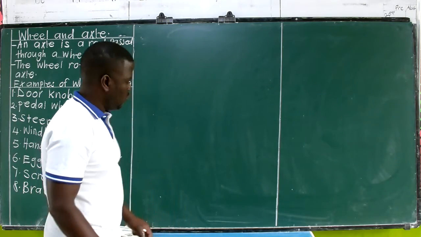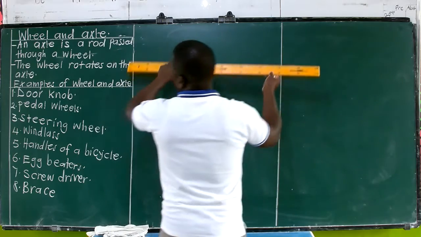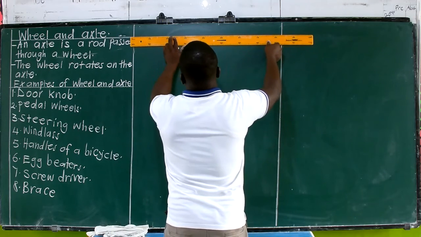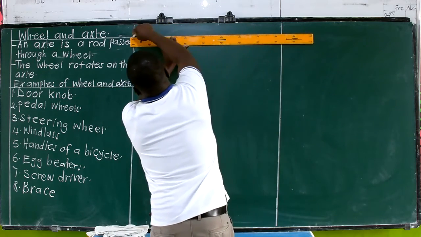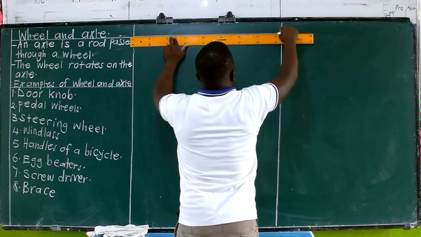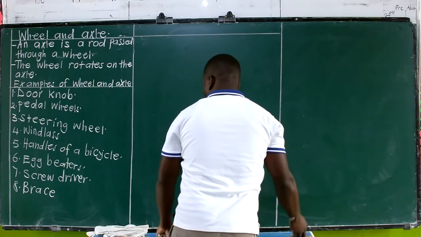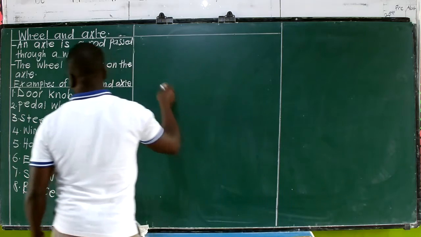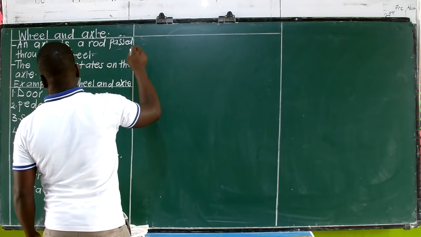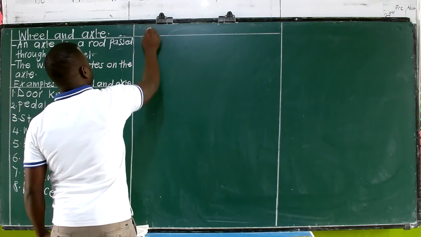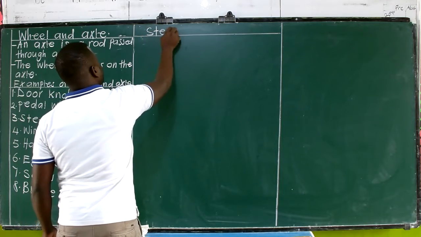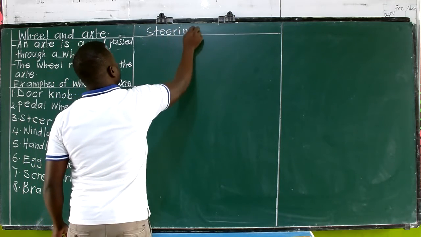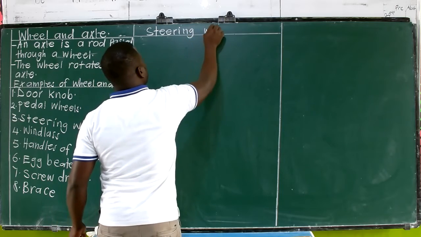We are going to draw some diagrams, around four of them, so that you can know where the wheel is and where the axle is. We shall begin with the steering wheel.